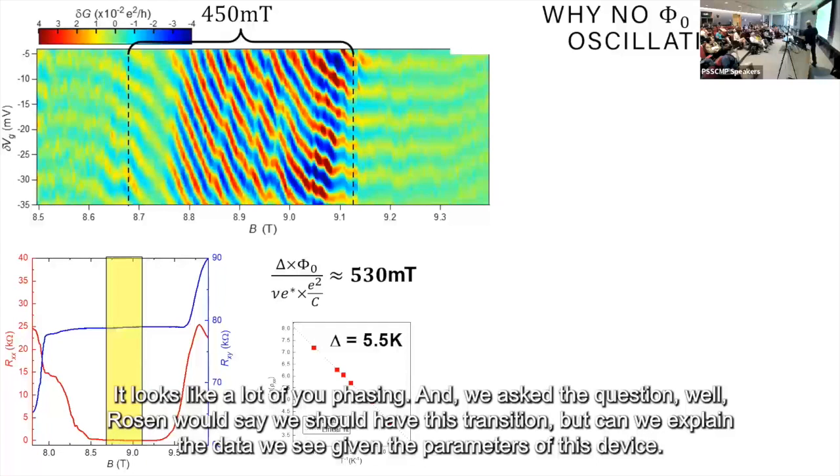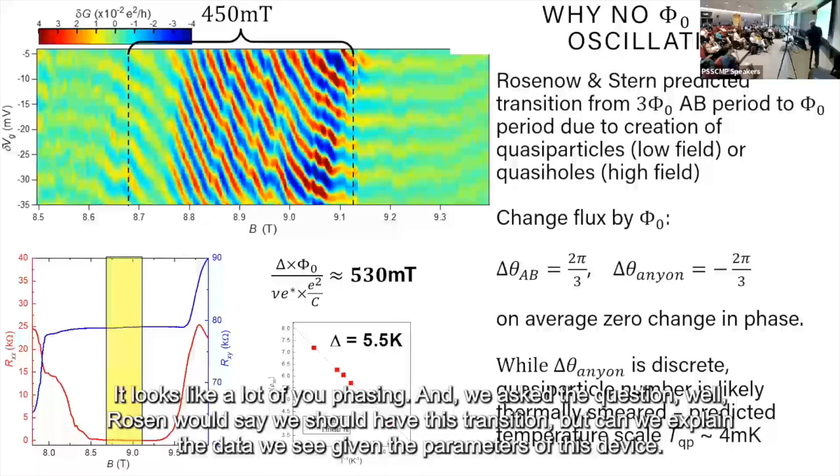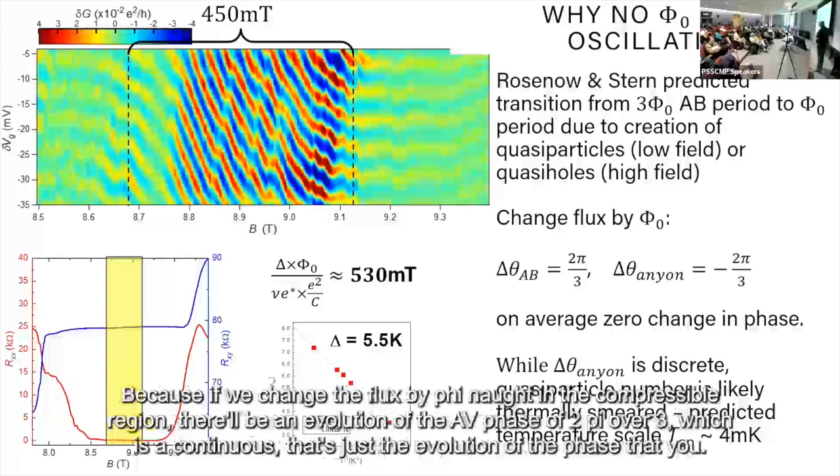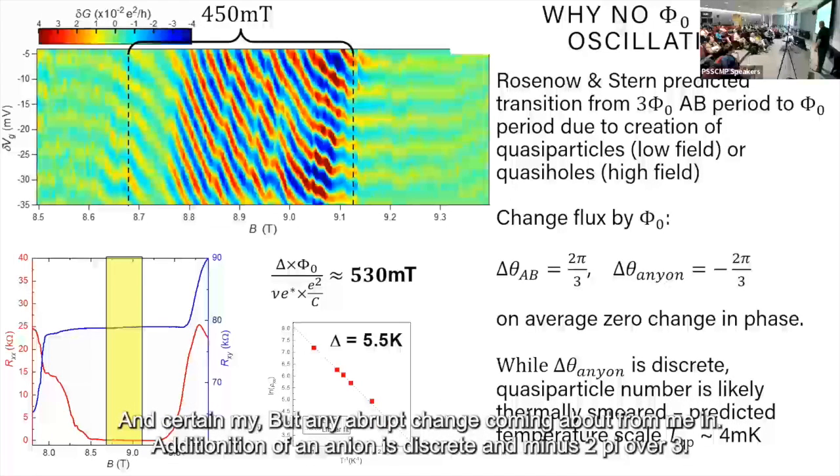And we asked the question, well, Rosenow and Stern would say we should have this transition, but can we explain the data we see given the parameters of this device? And the answer is yes, because if we change the flux by phi naught in the compressible region, there'll be an evolution of the AB phase of 2 pi over 3, which is continuous, that's just the evolution of the phase as you insert magnetic flux.